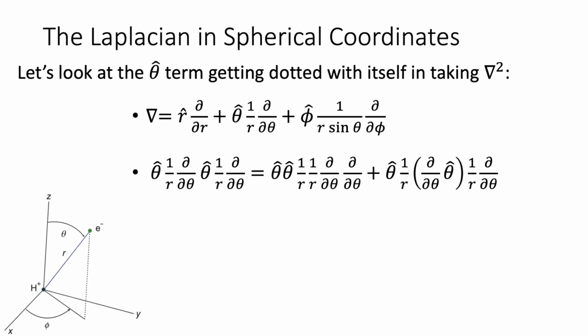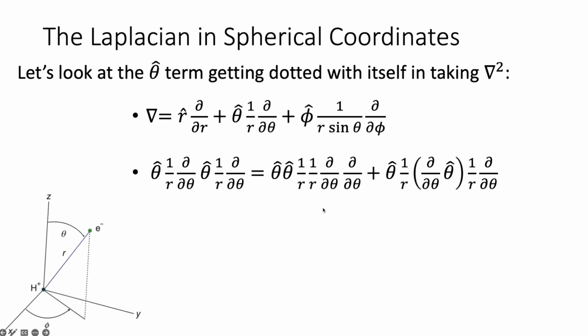And so we're going to group it into θ hat, 1 over r, and d/dθ. So we take the derivative of the one, multiply it by the other, and then add the derivative of the other one, multiplied by the other one, right? The usual product rule maneuver here. So if we take the derivative of the second one and multiply it by the first one, that's what we've got here, right? So if we bring this out front, now we've got θ hat, 1 over r, and then d/dθ. So this one's going to be nice and easy to simplify.